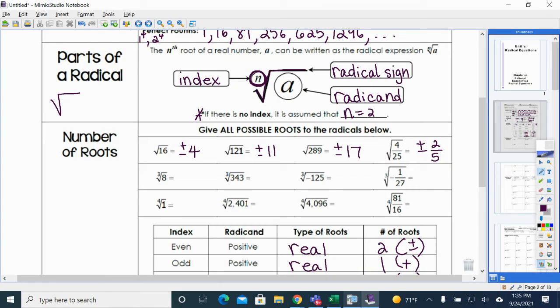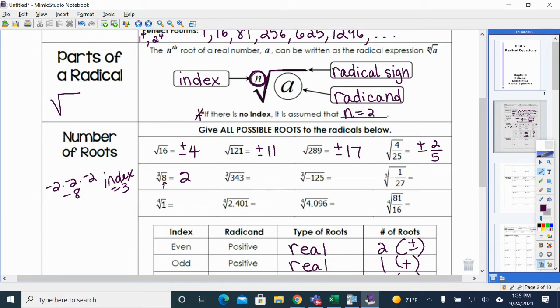Now, because it is an odd index, because the index is equal to 3, it's an odd index. If I say -2 times -2 times -2, that's going to give me a -8, not a +8 like what you see under the radical. So with these, there's only one possible answer. This can only be a 2.